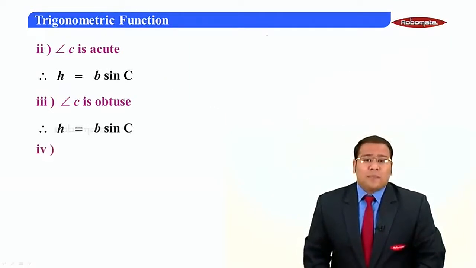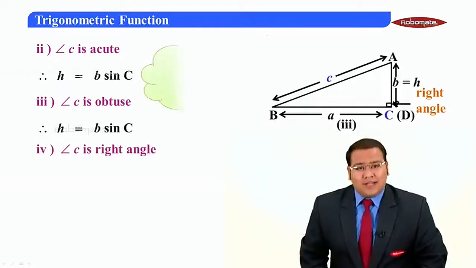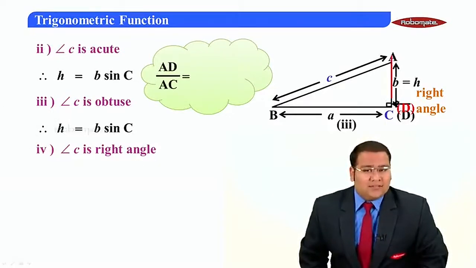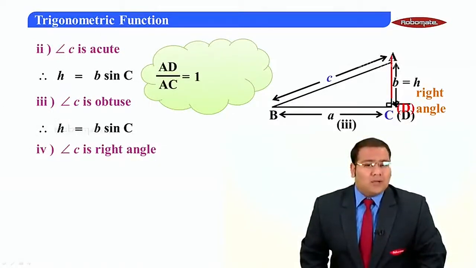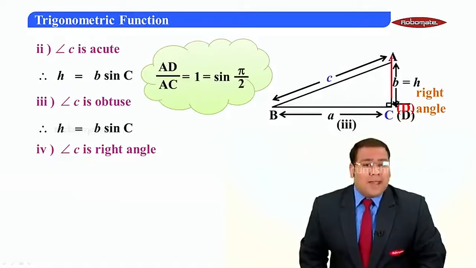Moving ahead, if the triangle is right angled, we know angle C is a right angle. In this case, AD upon AC would be equal to 1. Why is it 1? Since it is sine of pi by 2.